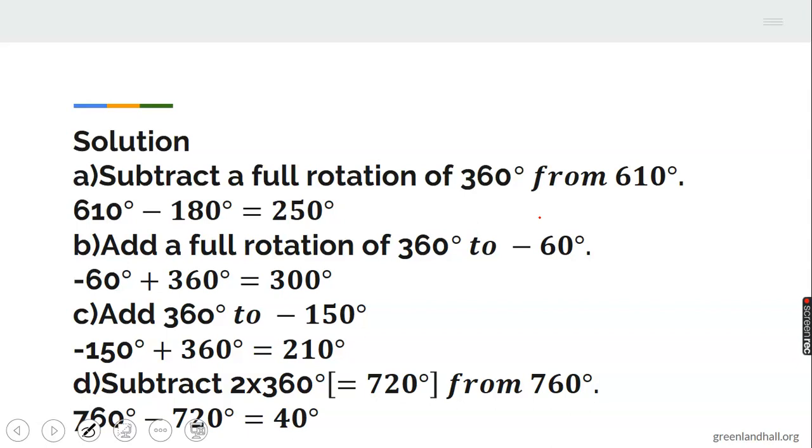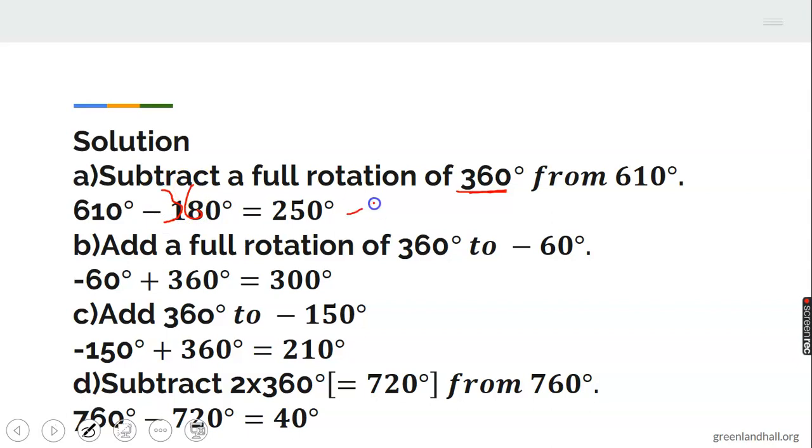So, when you remove this, you minus it from 180, you minus it from 360 degrees, full. This should be 360 degrees.